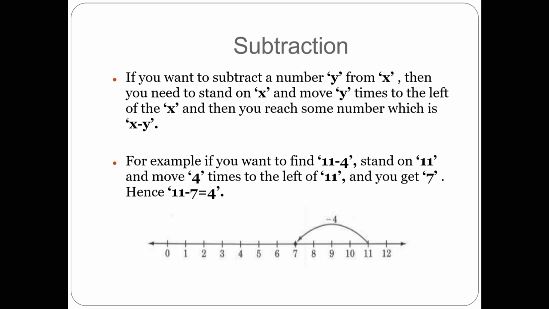So we can say that 11 minus 4 is equal to 7. And if we add 4, we obtain 11 again. So in other words, we can say that 11 minus 7 will be 4.